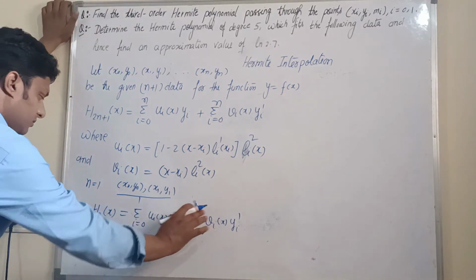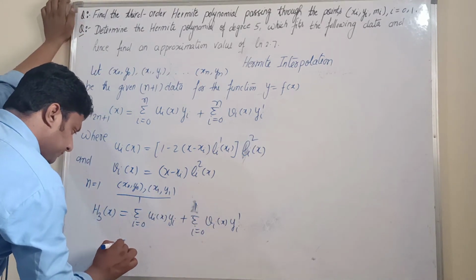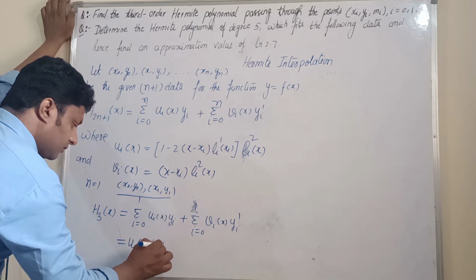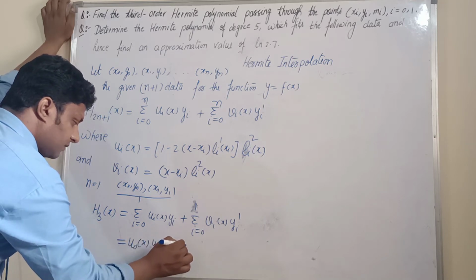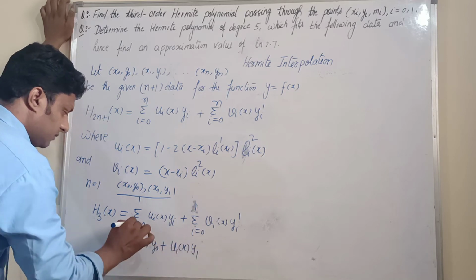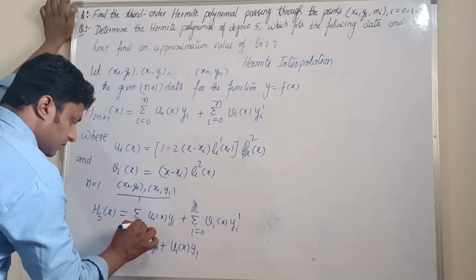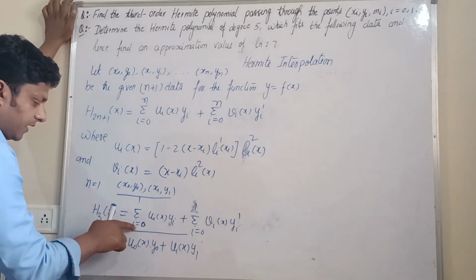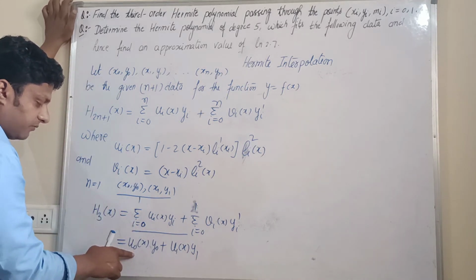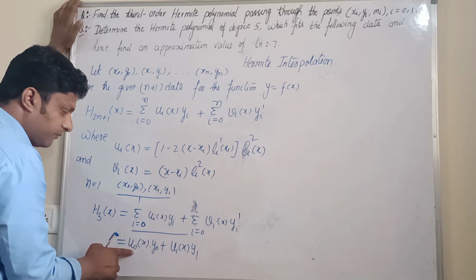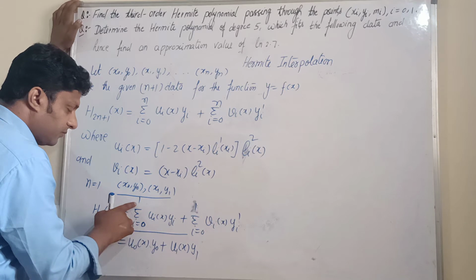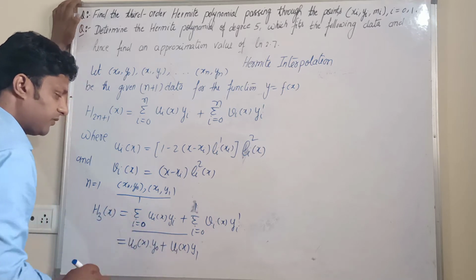Okay, so just expand: u0(x) y0 plus u1(x) y1. When i equals 0 we get u0(x) y0, and when i equals 1, u1(x) y1.